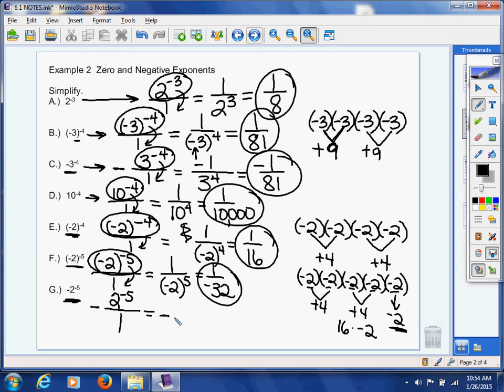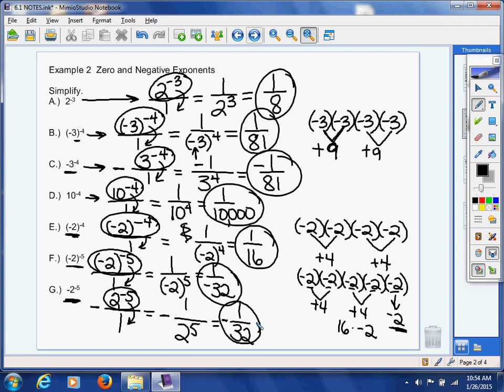All right, so we'll leave our negative sign, and I'll put a 1 there, which means when I pop that down to the bottom, it'll become 2 to the positive 5, and then I'll have my negative sign kind of out here in no man's land, and we know that 2 to the 5th power should be 32, and so I again will get negative 1/32, just like I did in letter F, okay?